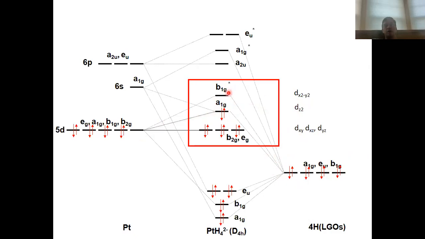Okay? And for this orbital here, which is interbonding, we can say that it still reasonably closely resembles the dx square minus y square orbital because it has been made from the dx square minus y square orbital and has a fairly similar energy to the dx square minus y square orbital.